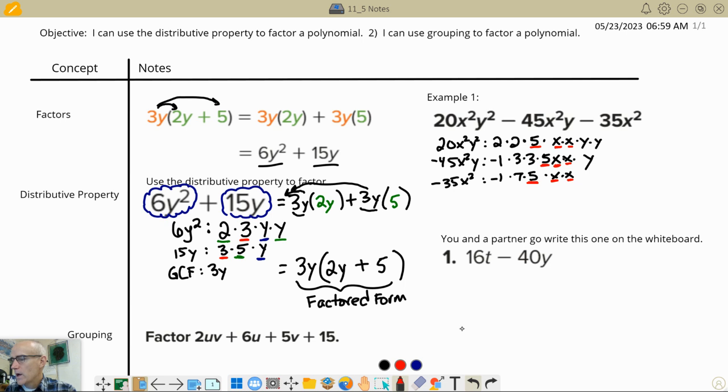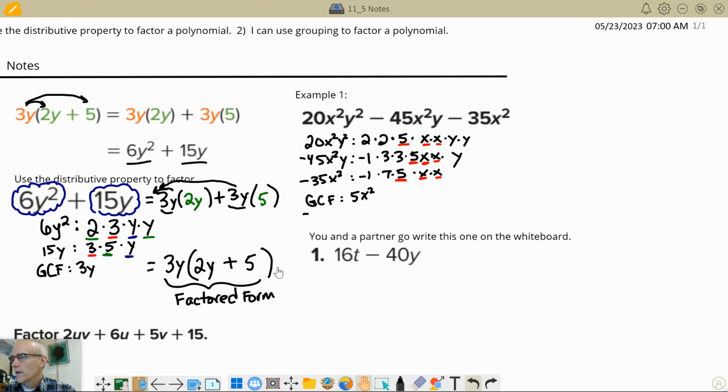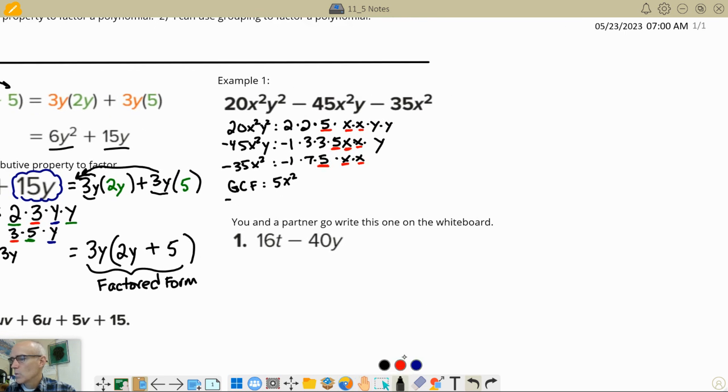All right. So now I'm going to identify my GCF. Here we go. GCF is 5x squared, right? Because 5 times x times x would be 5x squared. So here's what I do next. I write each one of the terms with the GCF kind of out in front. So 5x squared times something. What am I going to put down here?